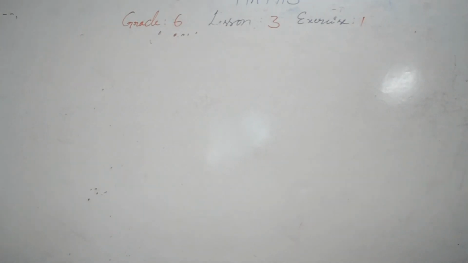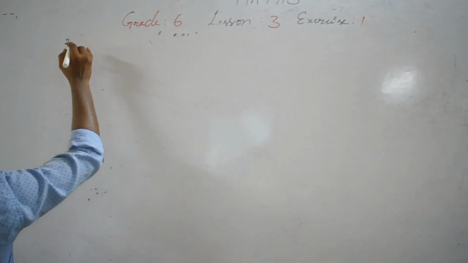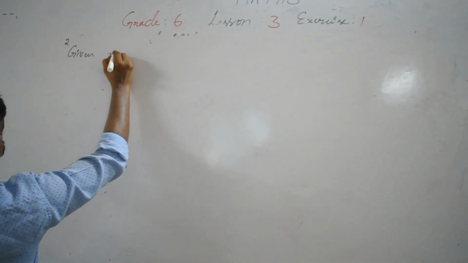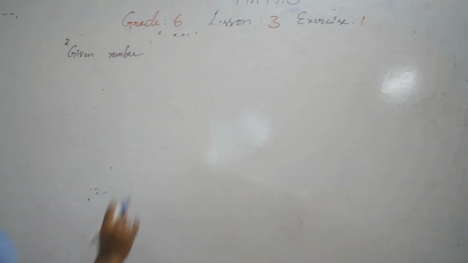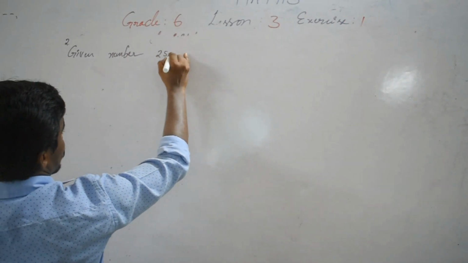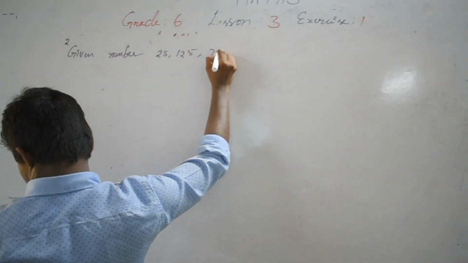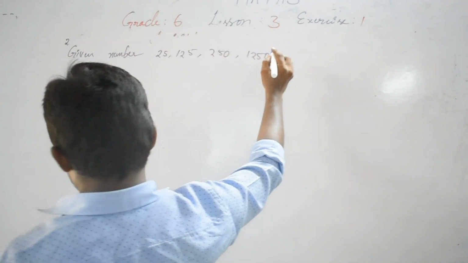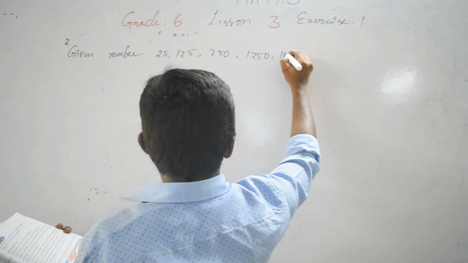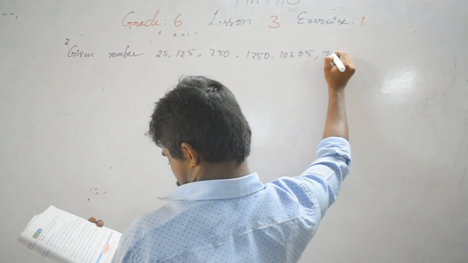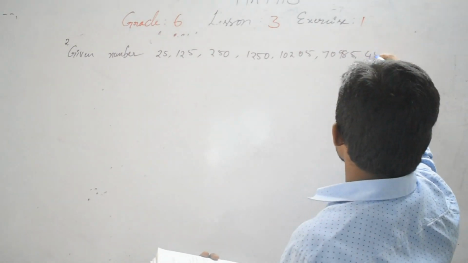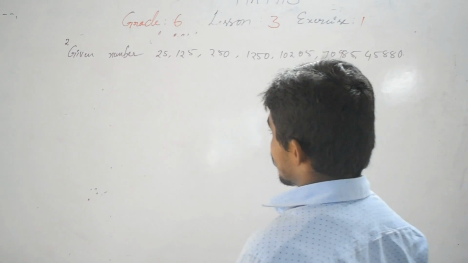Given numbers, what are they? 25, 125, 250, 1050, 10,205, 7,000, 70,985, 45,880.